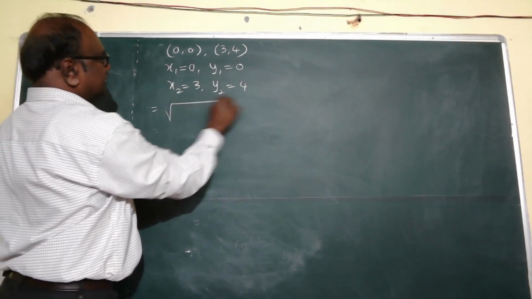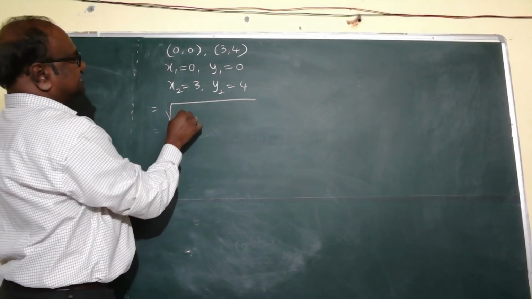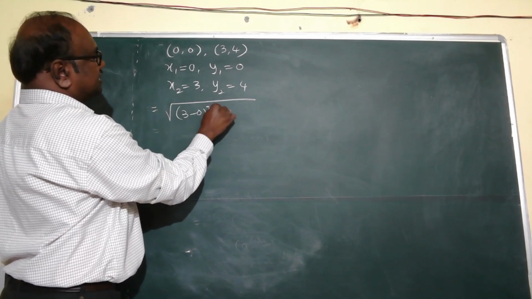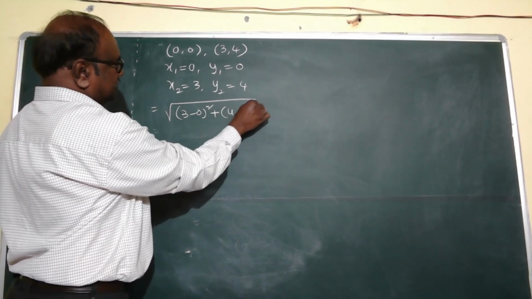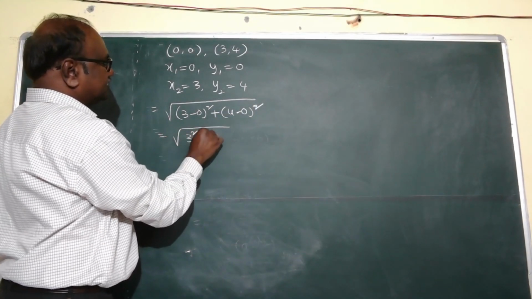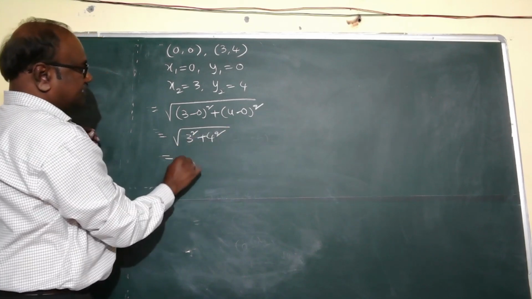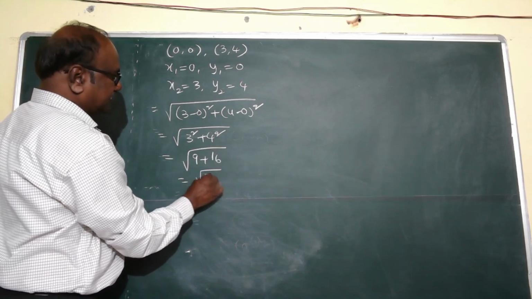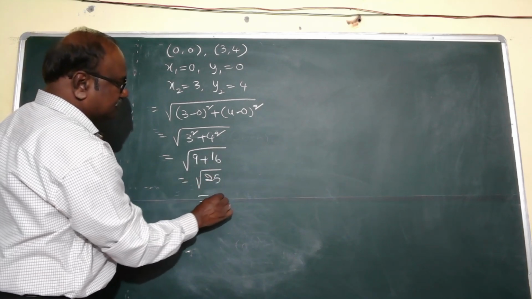We know our formula: x2 minus x1, that is 3 minus 0 whole square plus 4 minus 0 whole square. That is under root 3 square plus 4 square. That is under root 9 plus 16, it is root 25. Root 25 equal to 5 units.